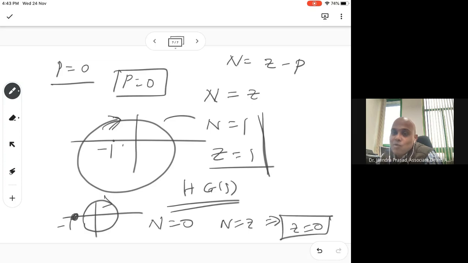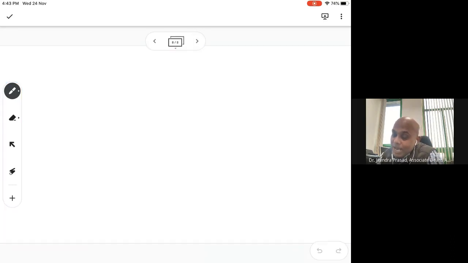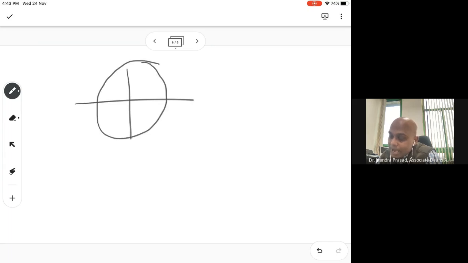Hence there are no zeros on the right hand side, and it will make sure that the system is stable. So for the given scenario, our plot is something like this, and this exactly passes through -1. That means this is marginally stable, right?